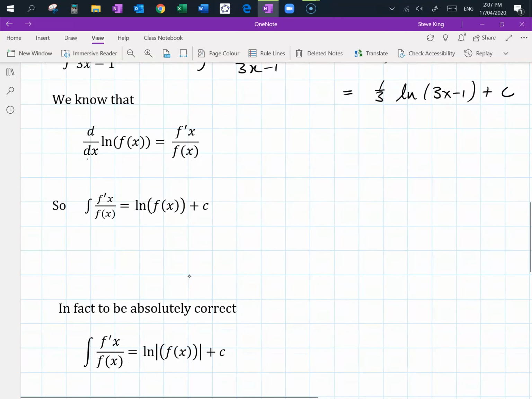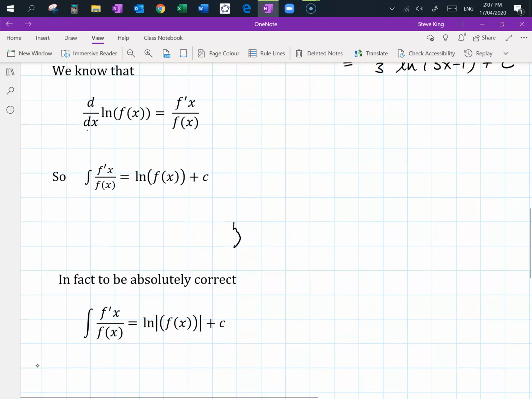Now, in fact, that formula is not exactly correct. We do need to be a little bit more careful about that. We know that for a natural log, the natural log is only going to be defined when x is greater than 0. So we don't want whatever we have inside being something that's less than 0, in other words, negative.